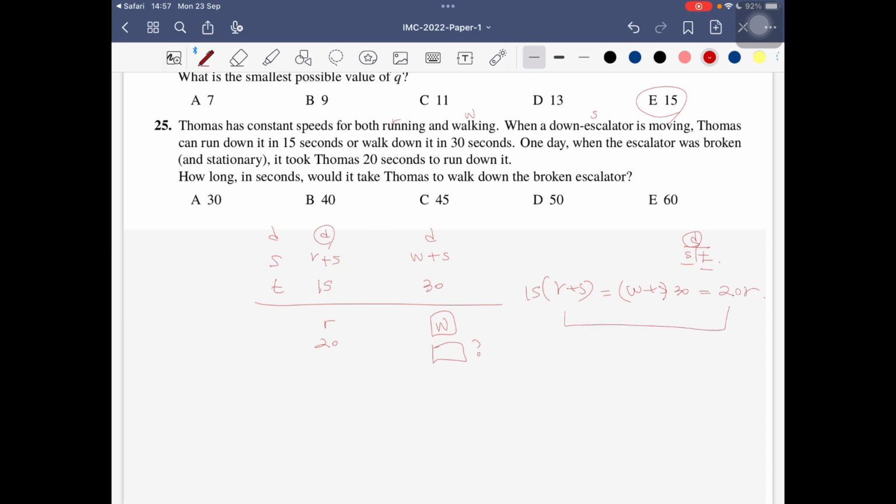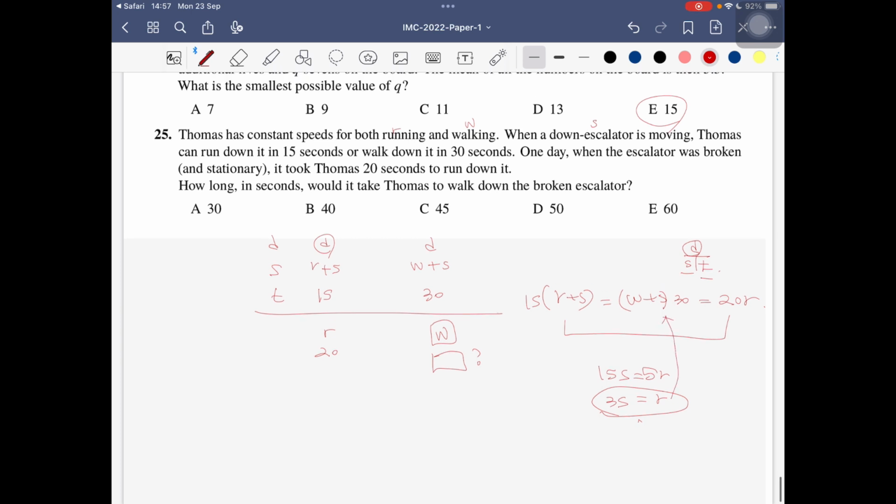So let's say here 5R equals 15S, so R equals 3S. So running is faster than the escalator itself. Makes sense. So we can put this here.